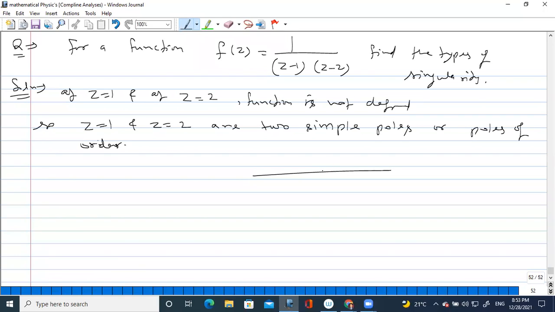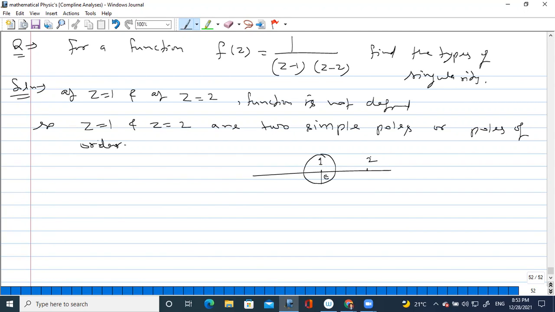Suppose this is the z line. On that line, z equal to 1 will be this point, and z equal to 2 will be this point. Now I want to check whether these singularities are isolated or non-isolated. About this pole you have to draw a very small circle. Is the other pole coming into this?